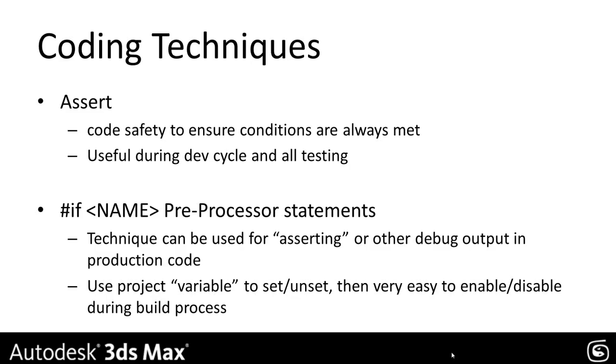You can put your asserts within some custom preprocessor name, and then after you've done all your testing, you can turn these asserts off easily just by undefining the preprocessor statement in your final output. We do this for our production code even.